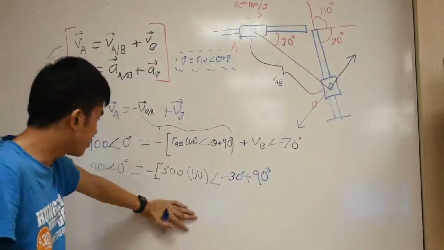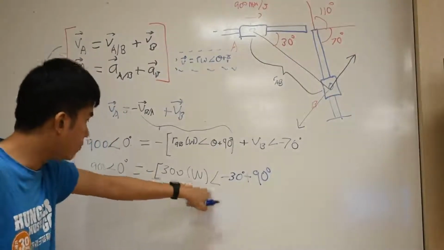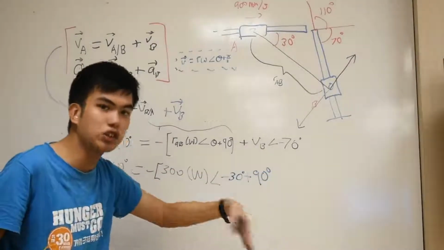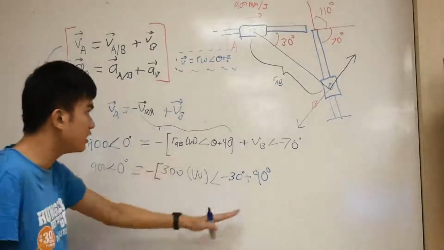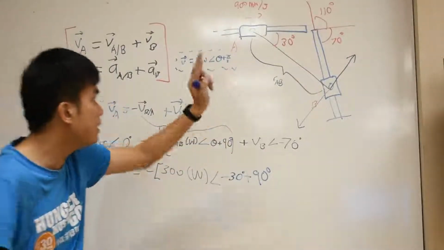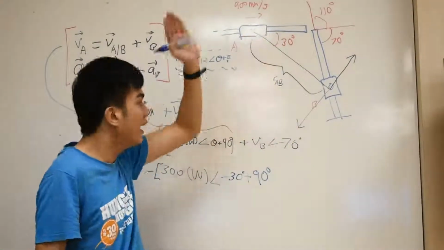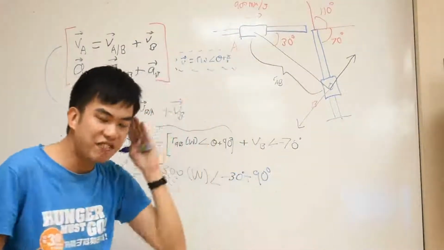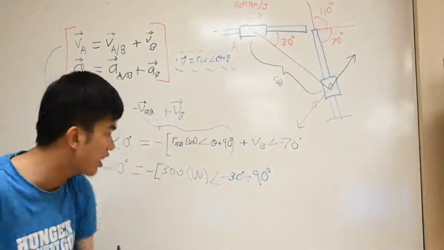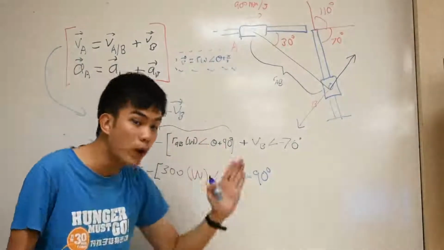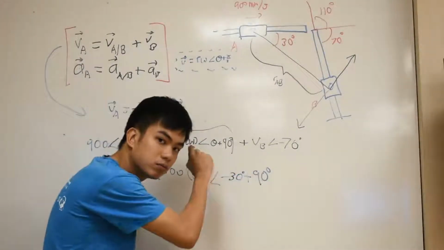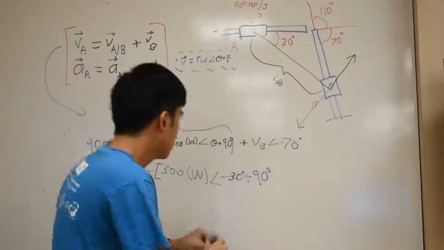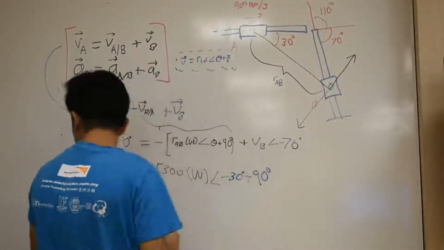So in this case, 300 omega, the direction will be negative 30 degrees plus 90 degrees. Why? Simply because negative 30 is the position vector of B with respect to A, and since B registered a circular motion around A, B must definitely have a velocity direction 90 degrees away from its position vector. Make sense? Good.